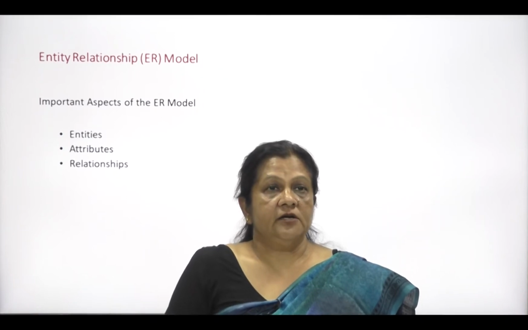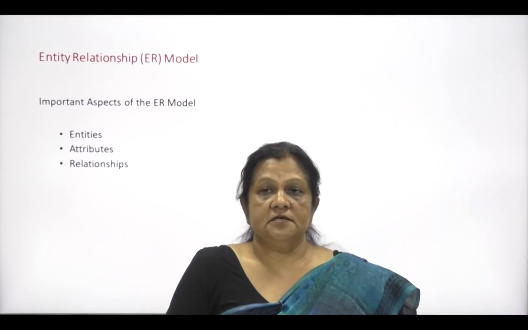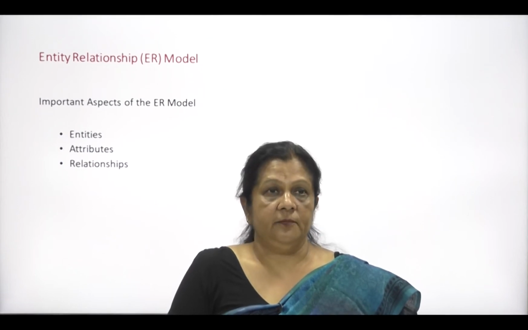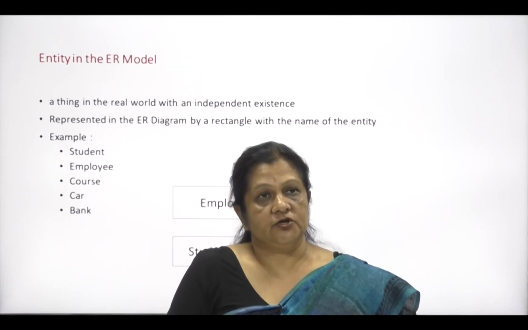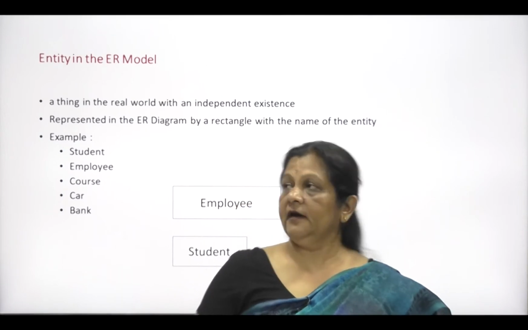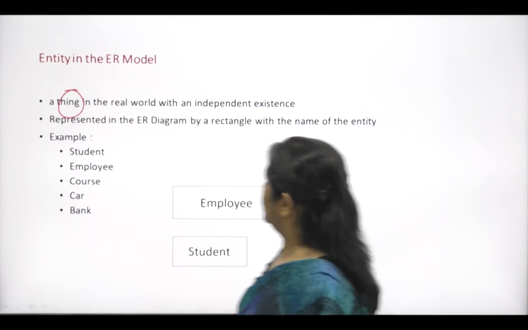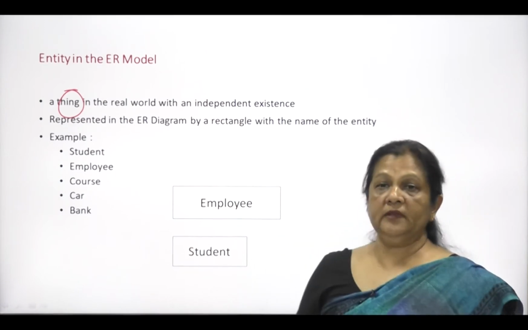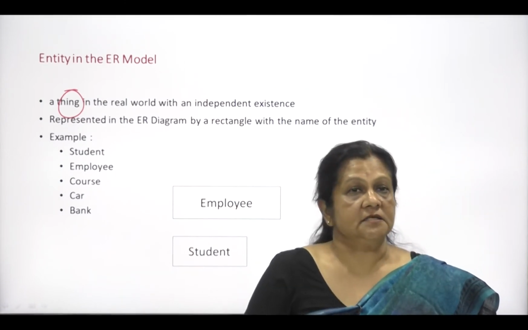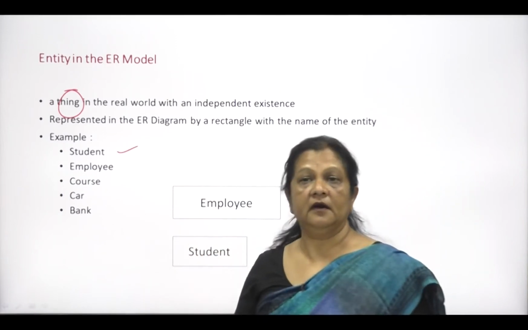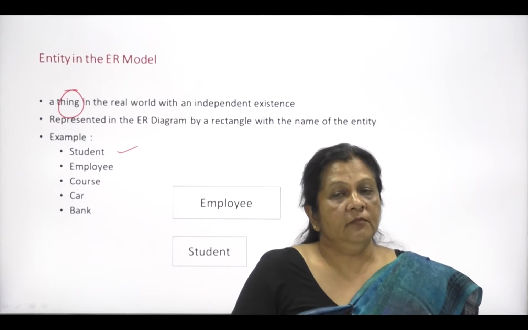So, the entity relationship approach consists of three important things: entities, attributes and relationships. Now, what is an entity? An entity is a thing in the real or the mini world with some independent existence. For example, I say student is an entity in some mini world.